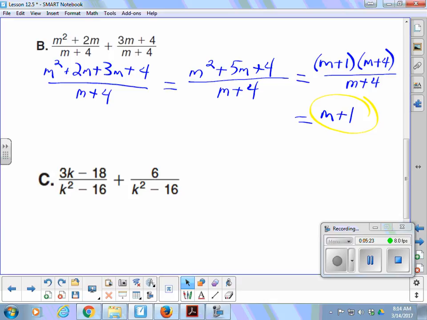You need to put the numerators together first, and then factor. So always first we're looking for what they have in common. Do the 3k and 12 have anything in common?